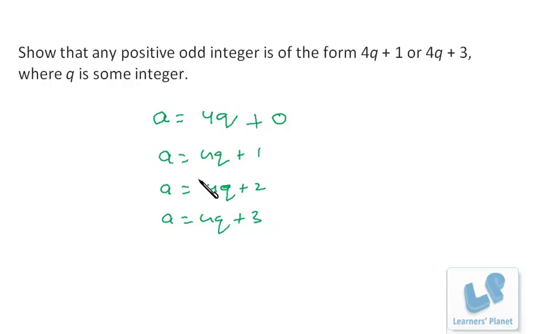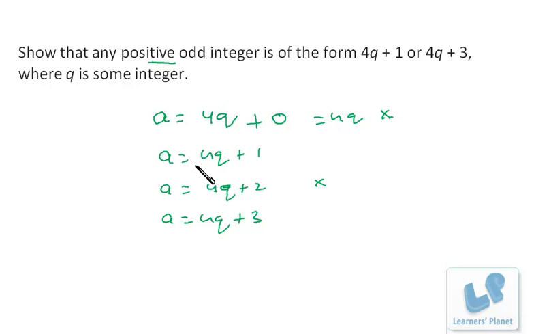Now these four possibilities are there. Since a is any positive odd integer, in this case, it is 4q, and q is an integer, so a will not be an odd number over here, so we discard this. a cannot be 4q. Similarly, in this case, a is 4q plus 2, which means a is an even number, so even this is not a possibility.